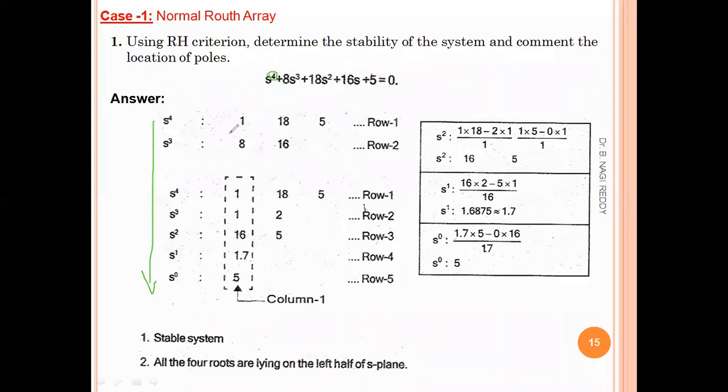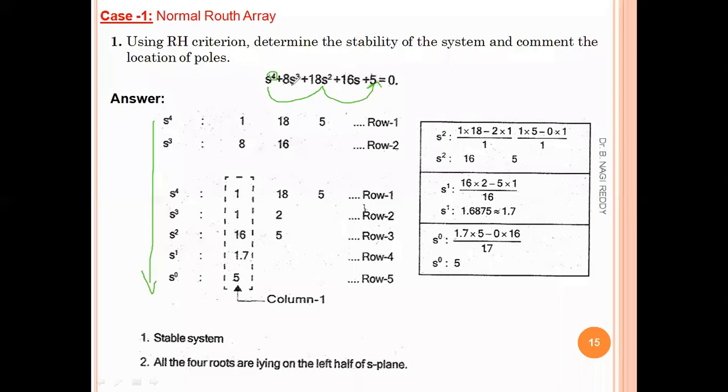So we know how to write row 1 and row 2, because row 1 is the alternating terms, whether they are even s powers or odd s powers. The maximum s power is s power 4. So write the coefficient of s power 4 here, which is 1, because there is no coefficient written.